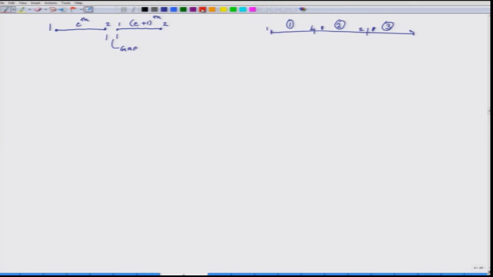I can also assign global node numbers. These are local node numbers, and I can also assign global node numbers. So what will be the global node numbers? They will be 1, 2, 3 and 4. So these are global node numbers.